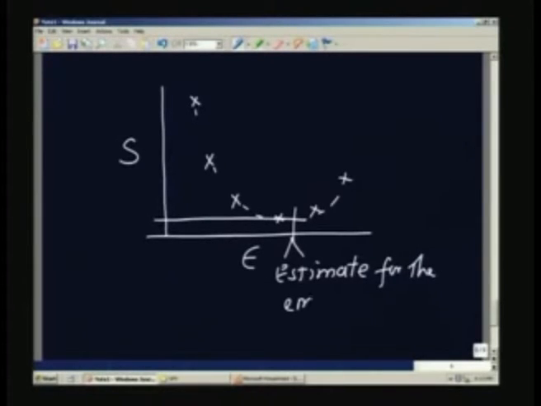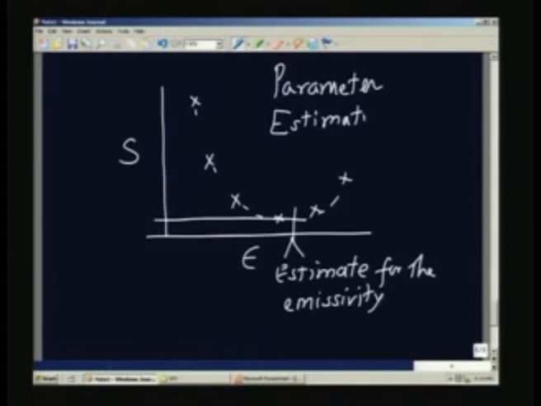So, basically the method I have given in brief is called parameter estimation. It is a parameter estimation problem. It is also referred to sometimes as the inverse problem, because we are solving the direct problem with different values of epsilon and finding that value of epsilon which is the best from the viewpoint of minimizing the sum of the squares of the errors.